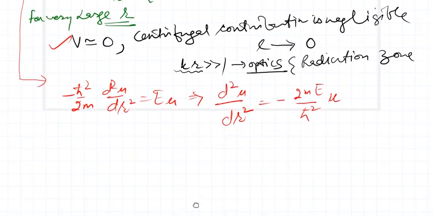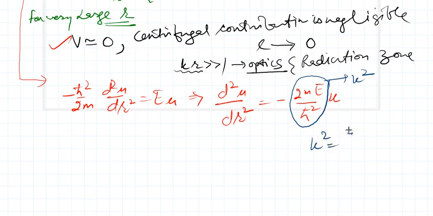So what do I do? Let me choose this as k square. Let me call that k square is equal to 2mE over h cross square.